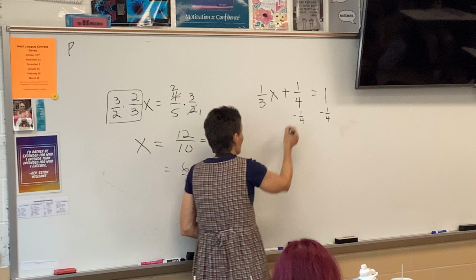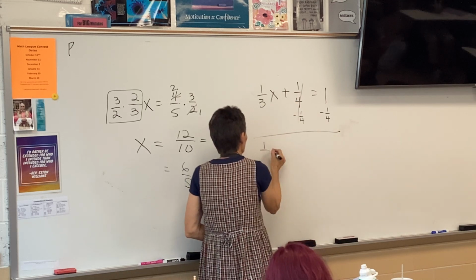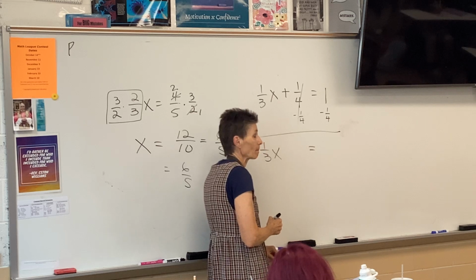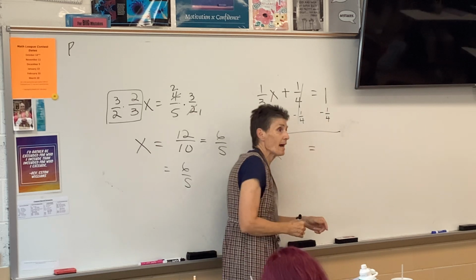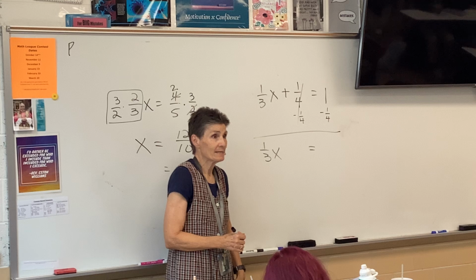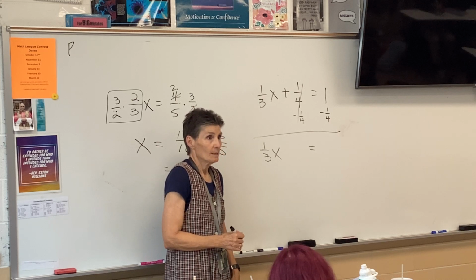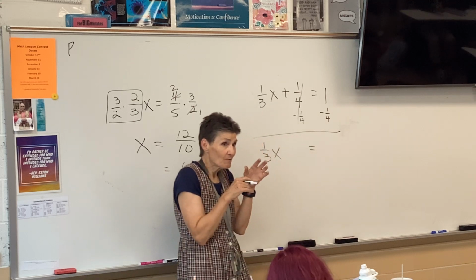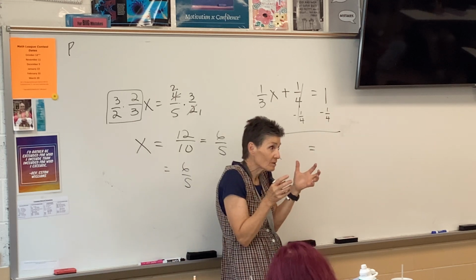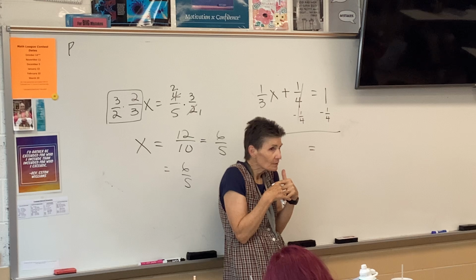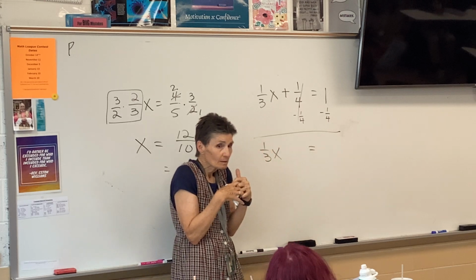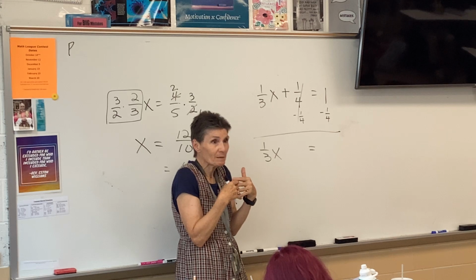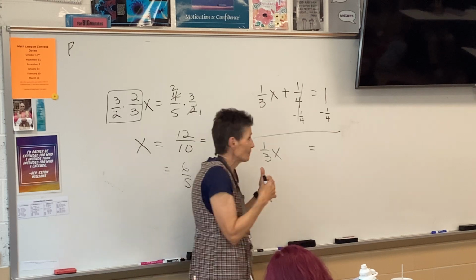So now I have, those will be gone. I'll have 1/3 x equal to, now I have to subtract 1 minus a 4th. Now I think most of you hopefully can do that in your head. If you have 1 and you take away a 4th, what are you left with? 3/4. If you do it decimally, it would be 0.75.